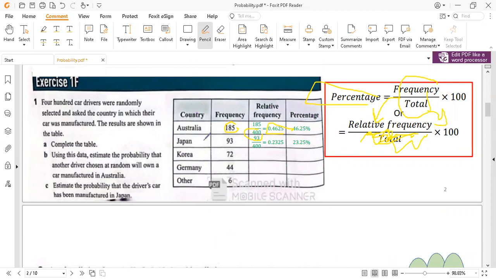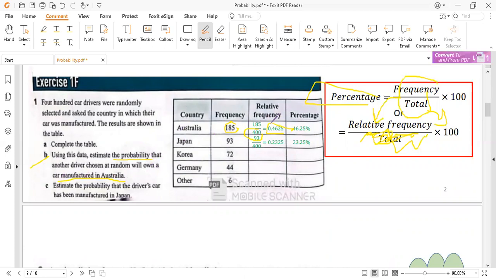In part B they ask us, using this data, to estimate the probability that another driver chosen at random will own a car manufactured in Australia. The probability is the relative frequency for cars manufactured in Australia. It is like they ask us about finding the relative frequency for Australia.